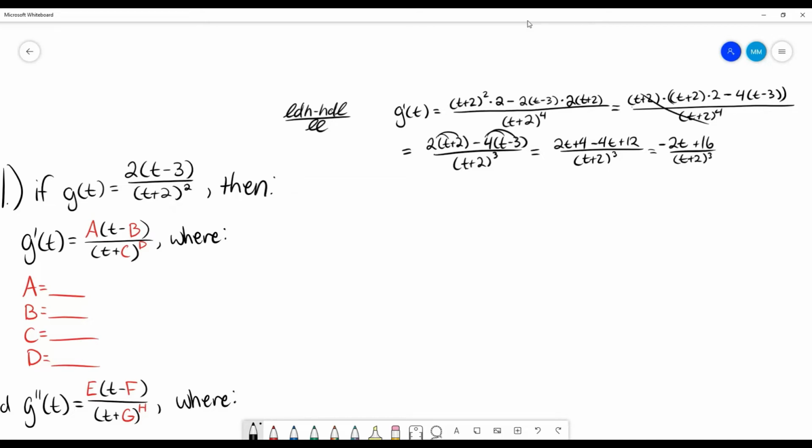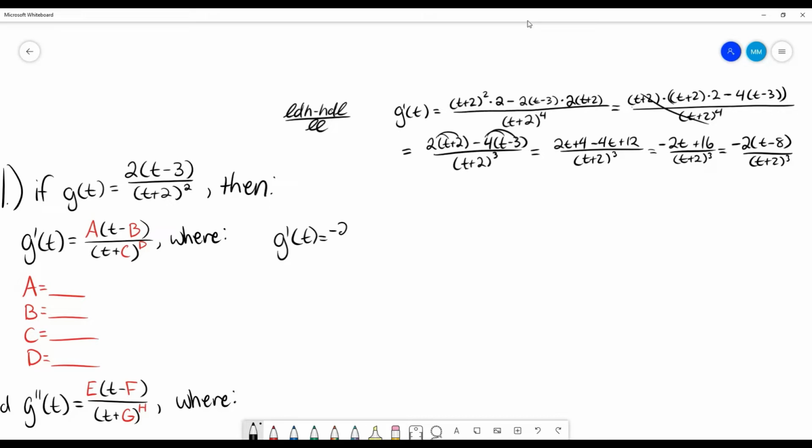I need it to be in a form where it's a t minus something with a coefficient on the outside, so I'm going to factor out a negative 2. So it's going to be negative 2, and then it's t minus 8. Boom. There's our derivative.